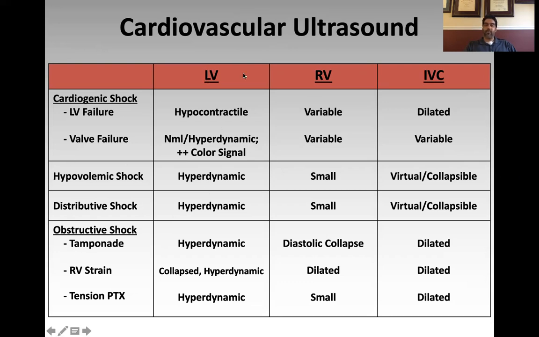So what we have here is what you can see on the LV, the RV, and the IVC, at least classically in each of the various types of shock. If you're a fan of this kind of table, I think this is helpful. But this is just to summarize all the various findings and how they correlate with the 4 subtypes of shock that we opened up the talk with.